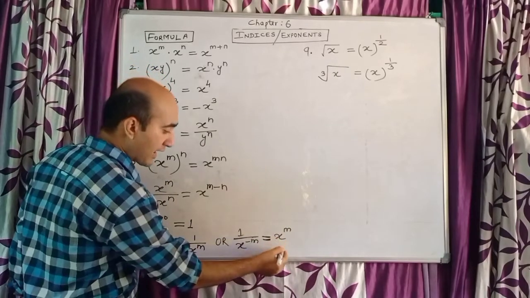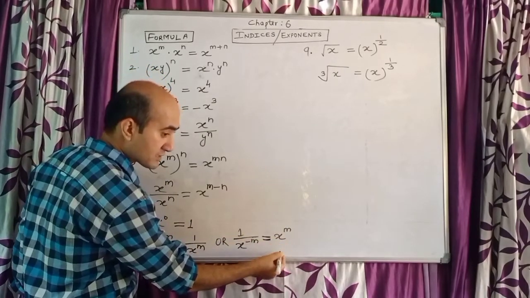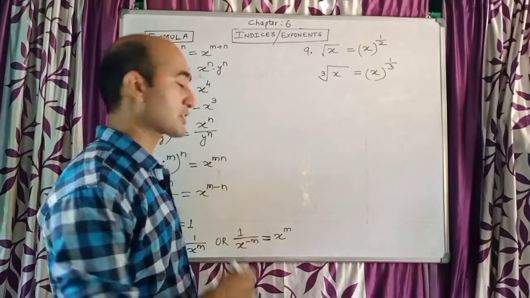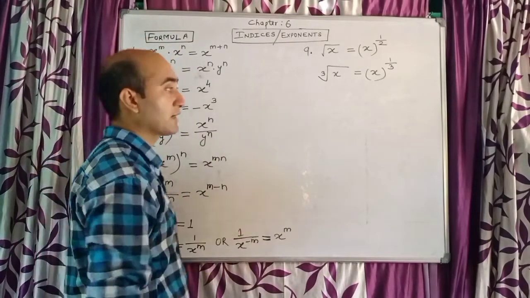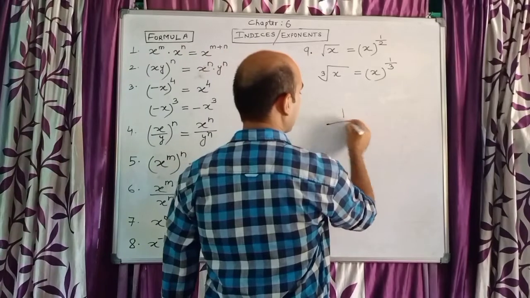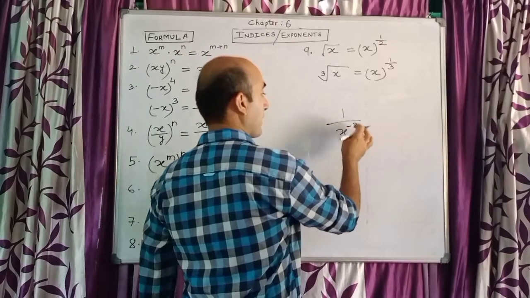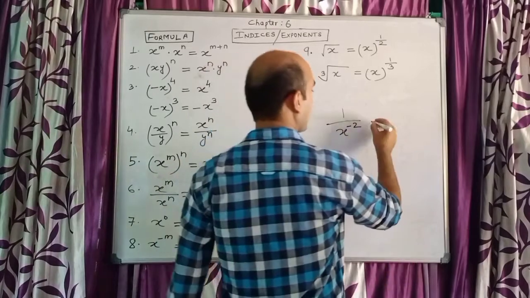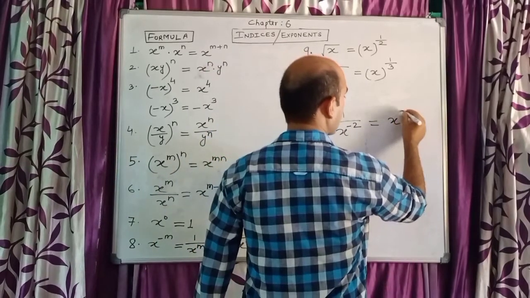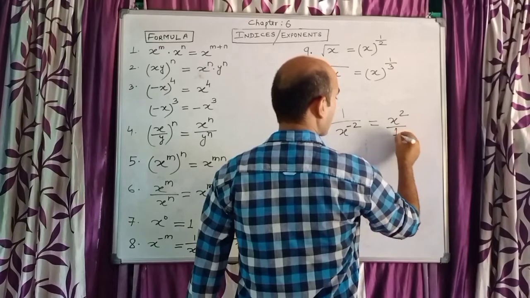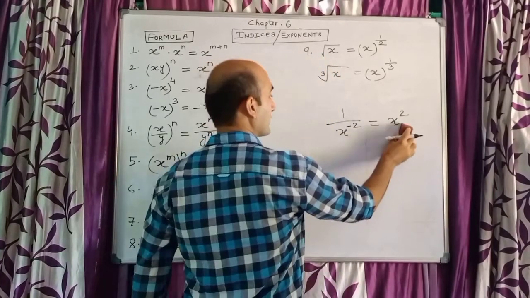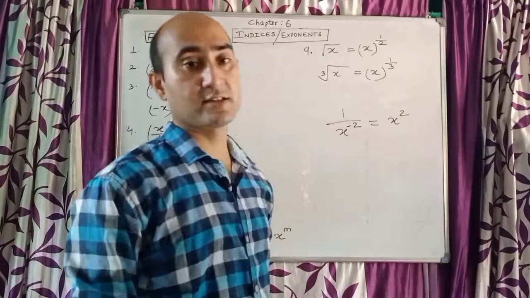Actually there is 1 below this, but 1 we don't write, so that's why our result will be x to the power m. Suppose the same thing I write here, 1 by x to the power minus 2. So minus 2 at the denominator, to make it positive I will write x square. Actually below this will be 1, but 1 we don't write, so our result is x square.